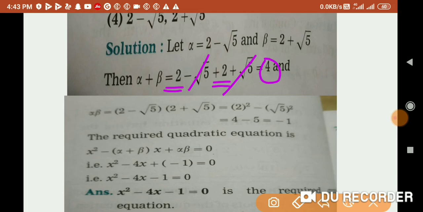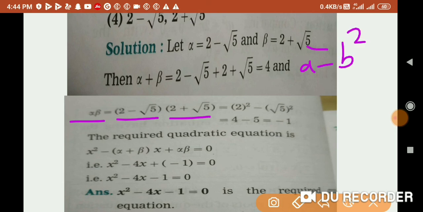Understand? Now see next how we find out the value of alpha into beta. Now see here in the first bracket we can write the value of alpha, that means 2 minus root 5. In the second bracket the value of beta, that means 2 plus root 5, and there is multiplication of these two brackets. See, this is the expanded form of a square minus b square.